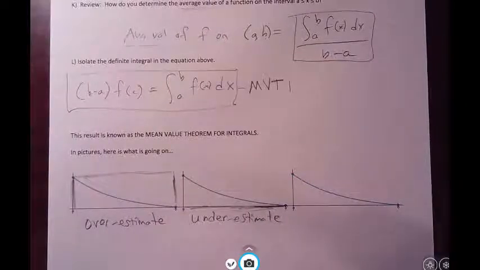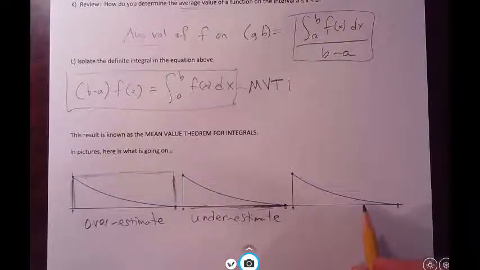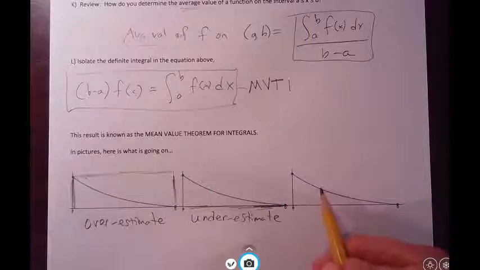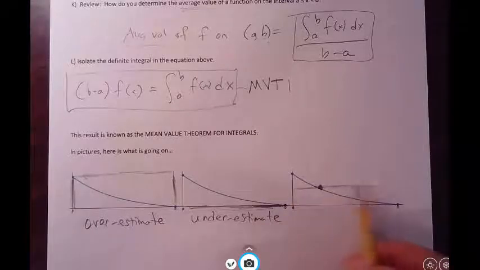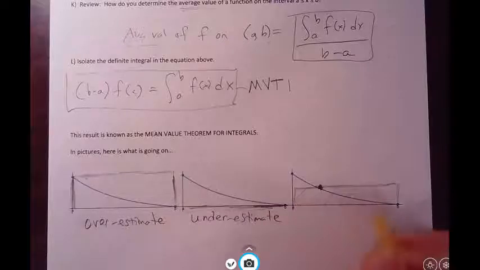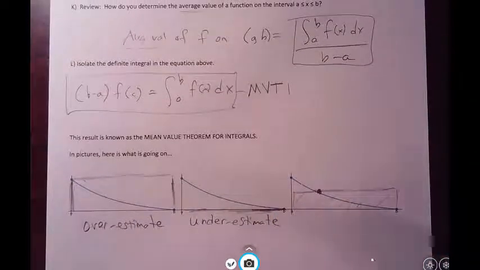What the mean value theorem for integrals says is there has to be at least one point somewhere on this curve where the height of the curve, you could draw a rectangle through that intersection point, and the area of the rectangle would equal the true area underneath the curve.